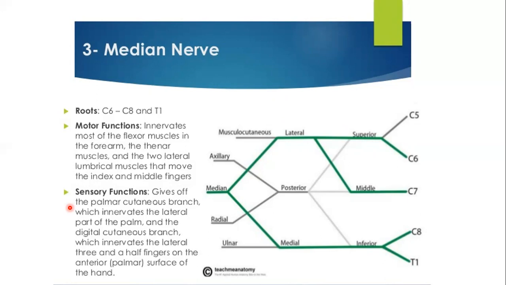We have already discussed that the extensor muscles of the forearm are all supplied by the radial nerve or one of its branches. But we are left with the flexor muscles of the forearm, which are supplied by the median nerve or the ulnar nerve. Some of the flexor muscles are in the majority, and they are supplied by the median nerve.